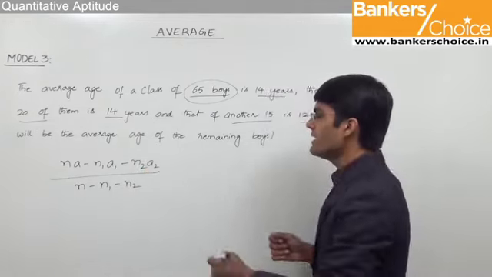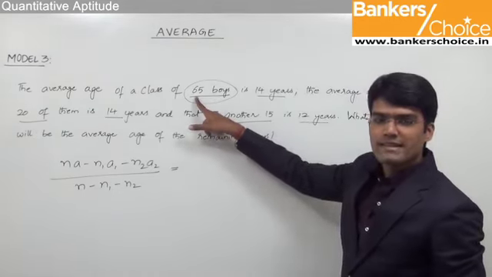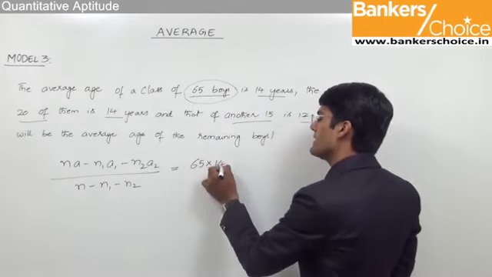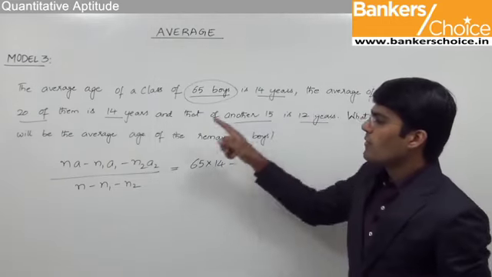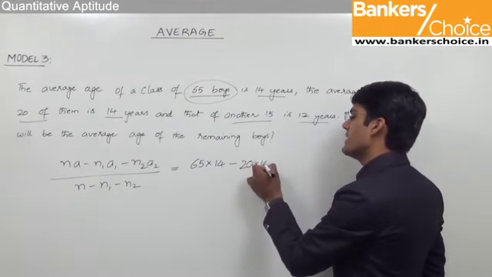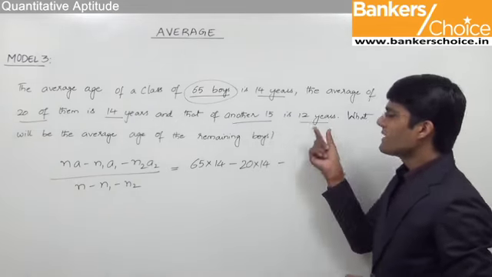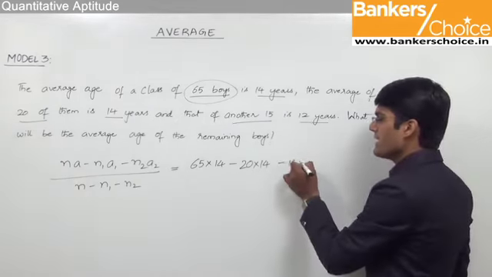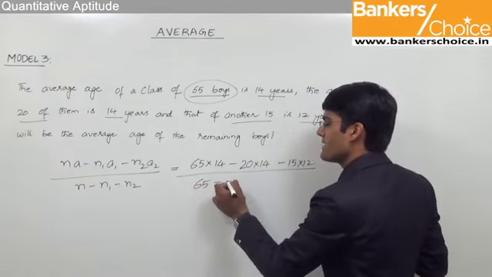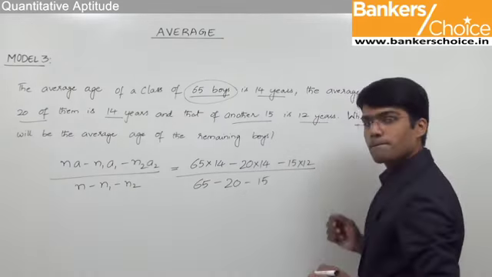So by using this point, the answer for this question can be obtained as N into A, that is total number of students 65 into their average 14, minus the other group here is of 20 boys where the average is 14 years. So total of these 20 boys can be taken as 20 into 14, minus the third group is 15 boys where the average is 12 years. So their total can be taken as 15 into 12 divided by total number of students 65 minus number of students in the first group 20 and number of students in the second group, that is 15.